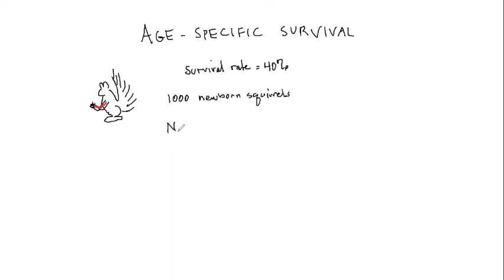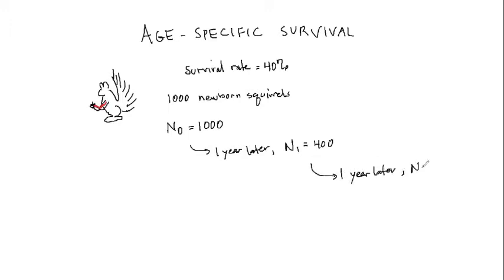N sub 0 is the number of survivors to age 0, and everybody in our sample survives to age 0. Now come back in 1 year, and how many do we expect for N sub 1? Well, 1,000 times 40%. So N1 is 400. Come back in another year, and we should have 40% times 400. So N sub 2 is 160.